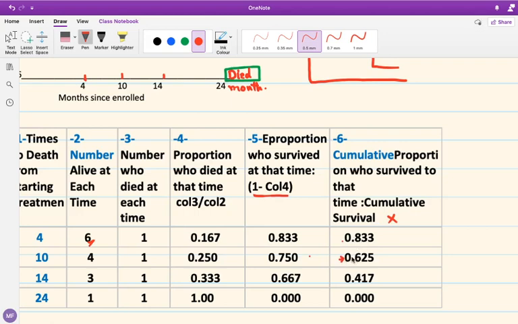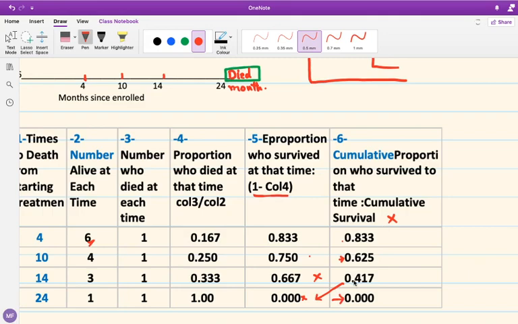So 0.83, 0.62, and then 0.62 multiplied by 0.66 gives us a value of 0.417. Similarly, if we multiply this number with this value, the values we get are mentioned over here.